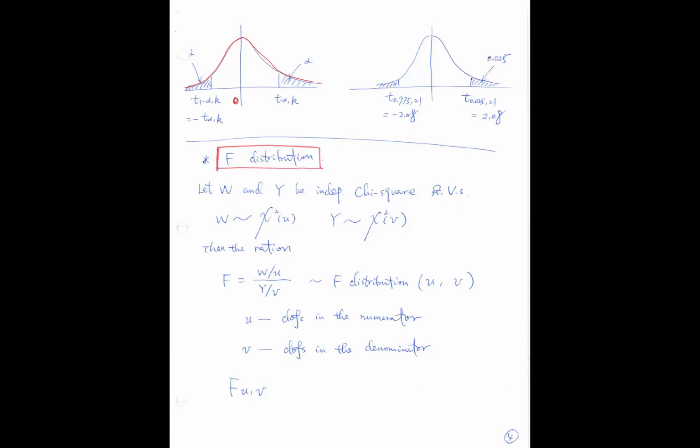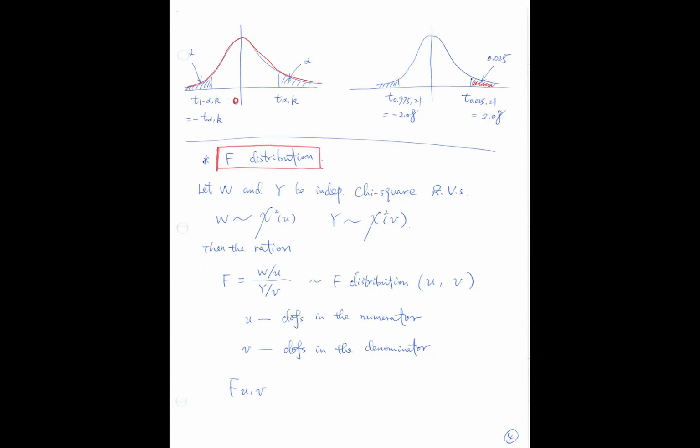So you could have an upper tail with 2.5% left and 21 degrees of freedom. That means you used 22 data points to calculate the sample standard deviation. Then if that is the case, you will have 2.08.